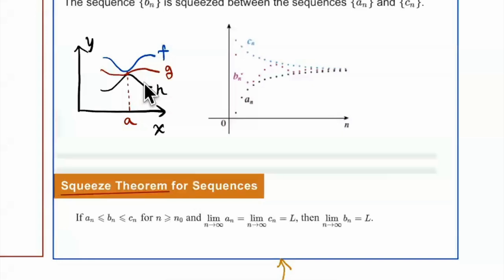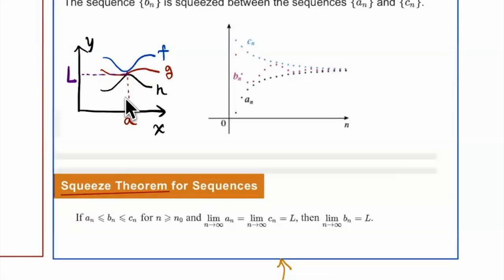Now, what happens over here is the limit of f and the limit of h both approach this limit L. If the above and the below functions approach L as x approaches a, then the function squeezed between them, g, has to approach L as x approaches a.